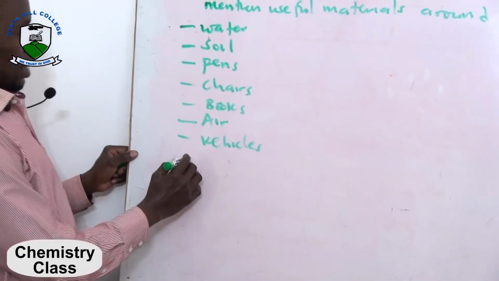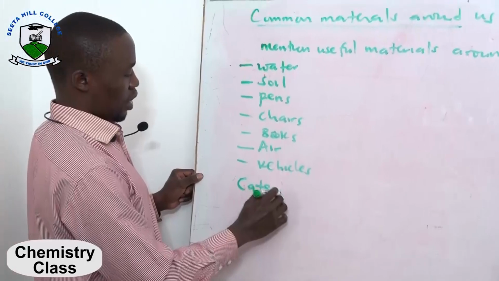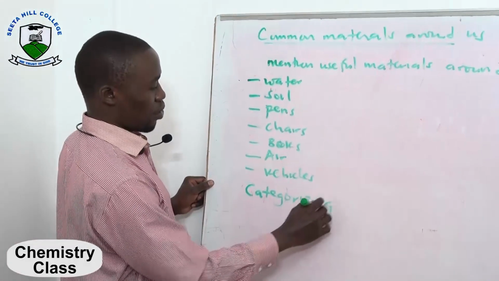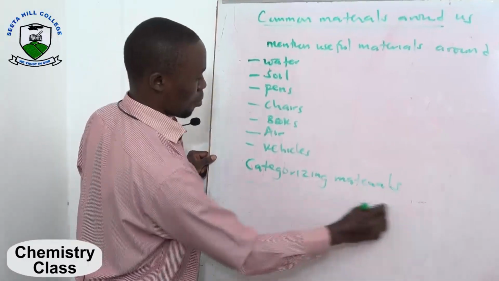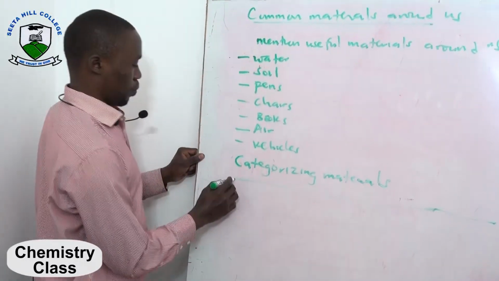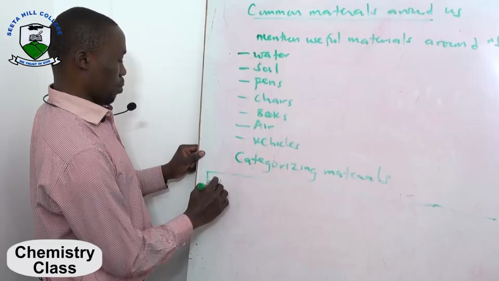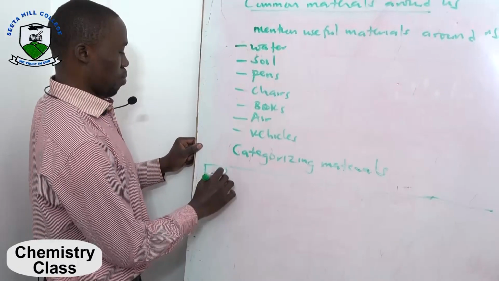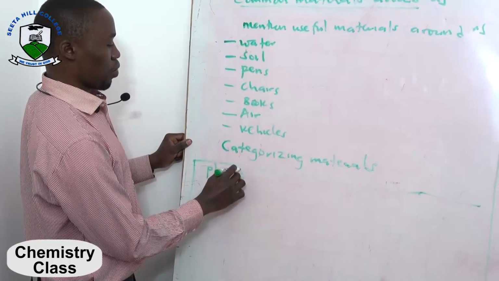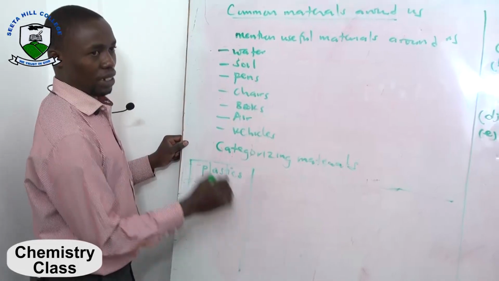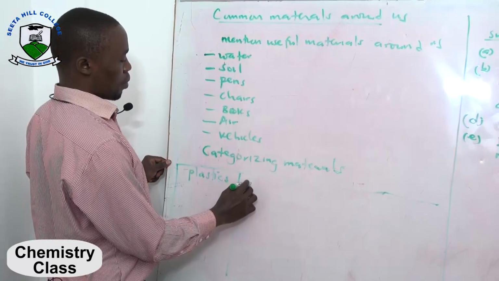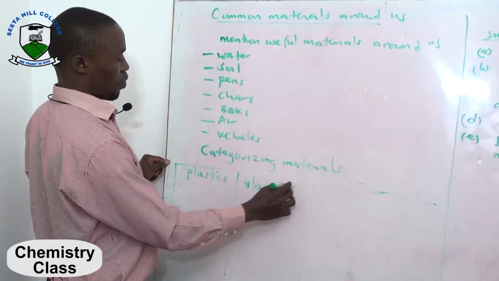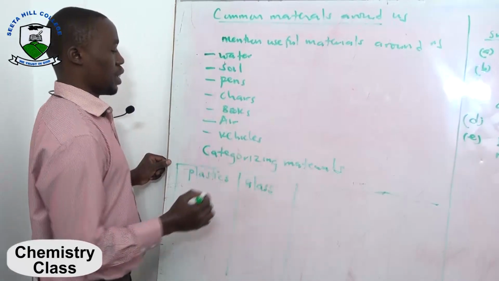Now, let us categorize those materials with respect to the following. Categorizing materials. Categorize them as plastics. Which of those are plastics? Categorize them as glass. Which of those are glass?